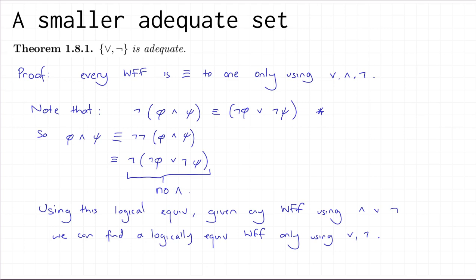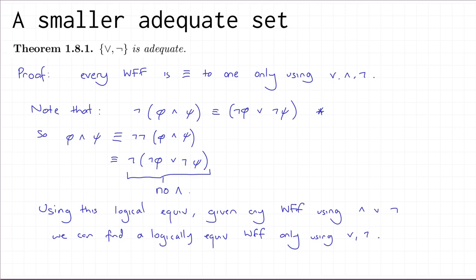And you might ask, can I do better? Is maybe just 1 connective on its own adequate? Well, the answer to that is, using the connectives we've met so far, no. So none of the connectives and, or, not, implies are adequate on their own. That's an interesting thing to think about as to why that's true, or how we might prove such a thing. But I promise you that it's true.